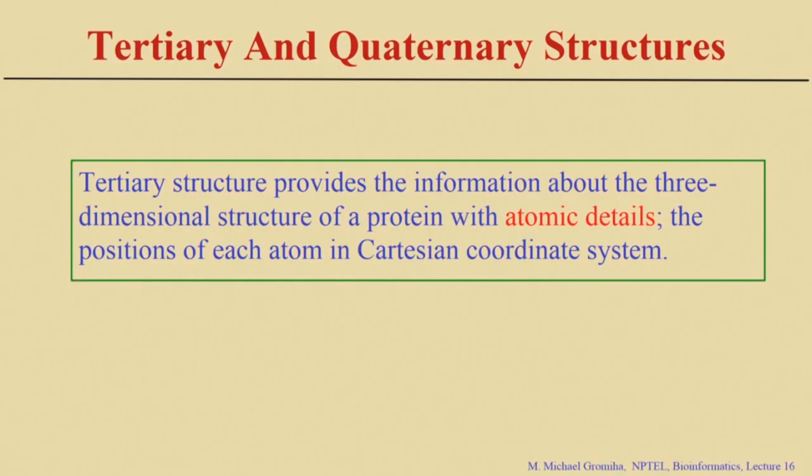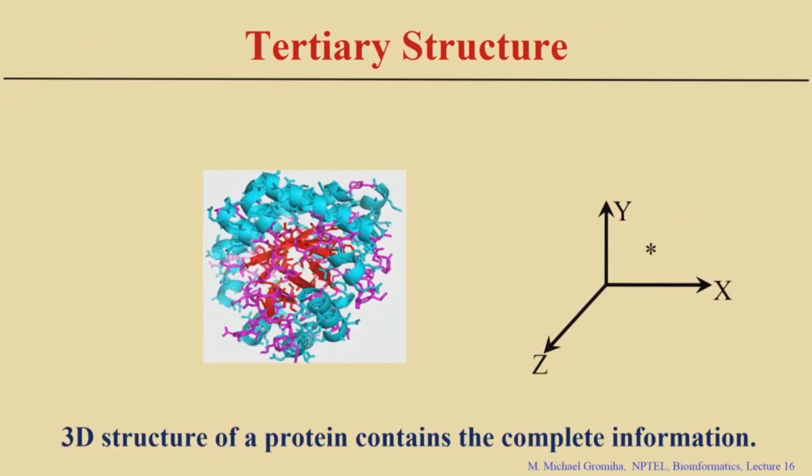Then coordinate structures provide the combination of the secondary and tertiary structures having different subunits to give the tertiary structures. Here you can see the structure of a particular protein. Some of the secondary structures, helices, you can see in the form of spirals, and you can see some arrows here, they represent the strands.